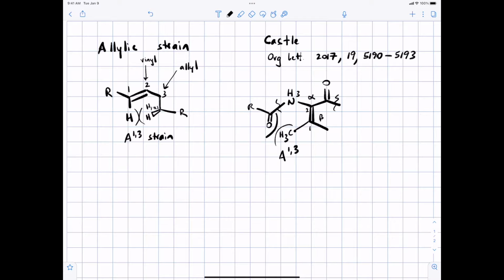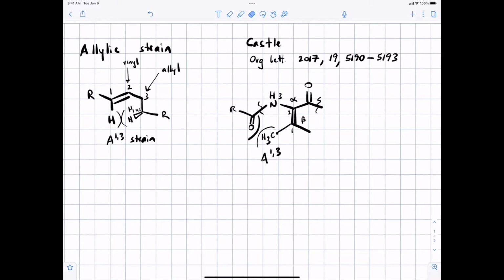And what this does is it significantly restricts the conformational freedom of a dihydroamino acid. AA is for amino acid.